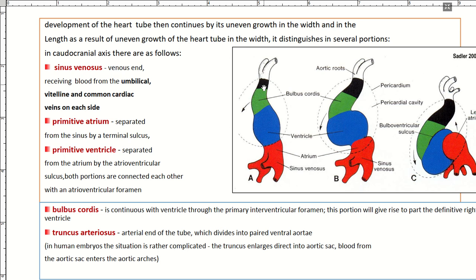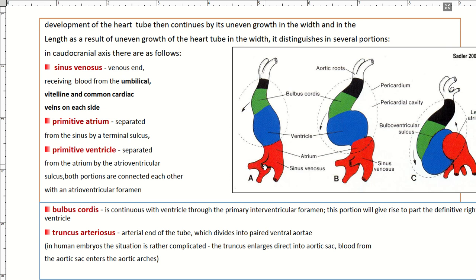That's going to be your bulbus cordis. Your blue part is going to be your primitive ventricle. Your red part is going to be your primitive atrium and your sinus venosus. Right. So this is your aortic roots, truncus arteriosus, bulbus cordis, primitive ventricle, primitive atrium, and then it connects to the sinus venosus.